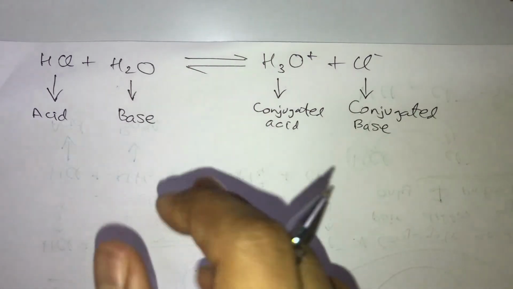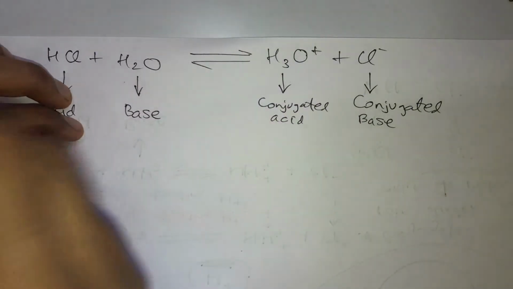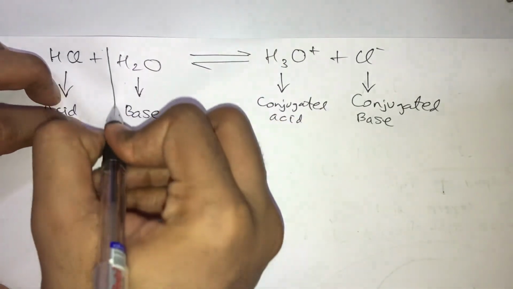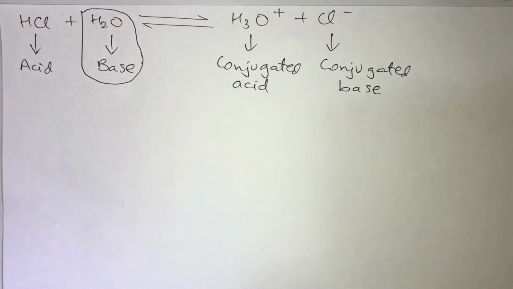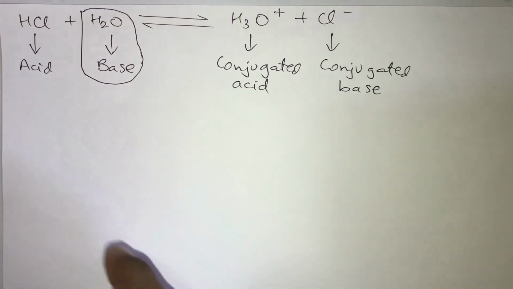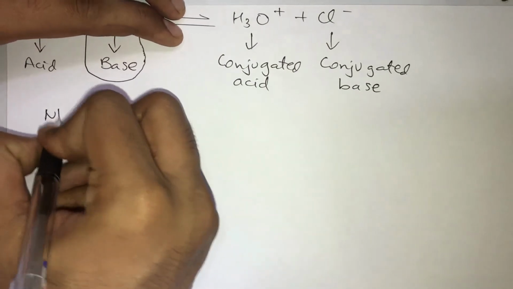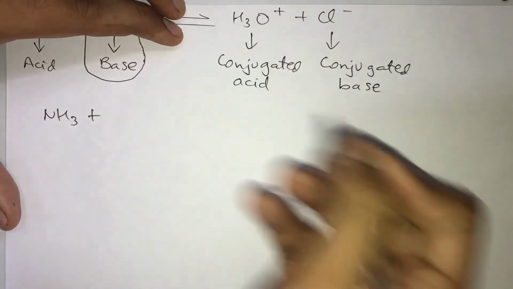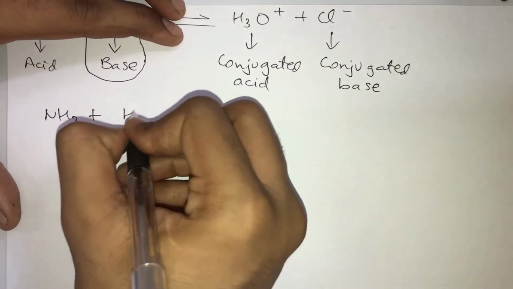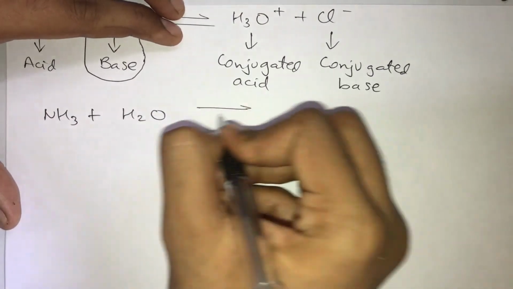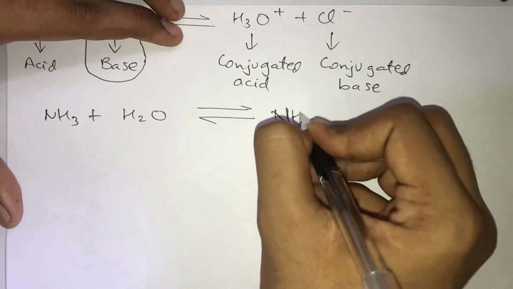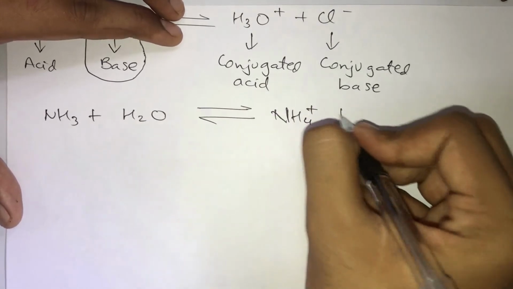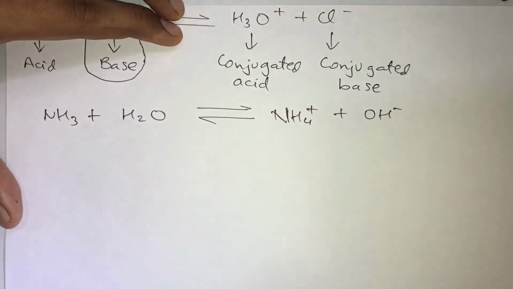Now, what I want you to observe over here is that here H2O is acting as a base. Now let us consider another equation where this NH3 is going to react with H2O to give us a reversible reaction, NH4+ plus OH-.